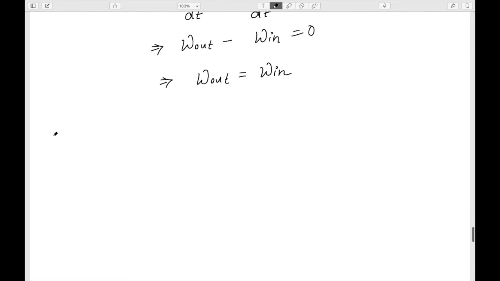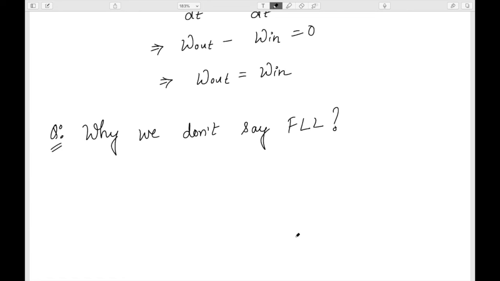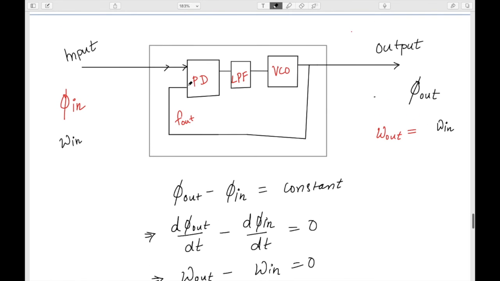It's a very important question: why don't we build an FLL, a frequency lock loop? Why don't we compare the two frequencies and tell the VCO to generate that particular frequency?